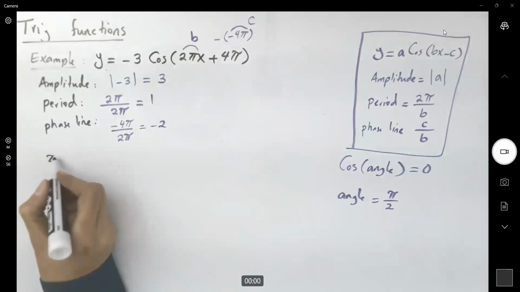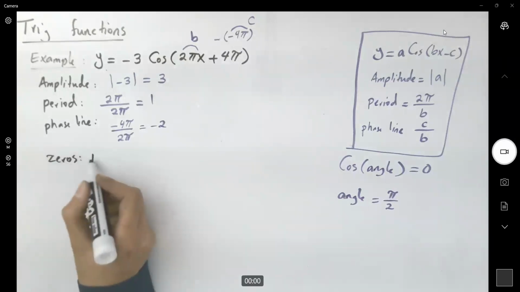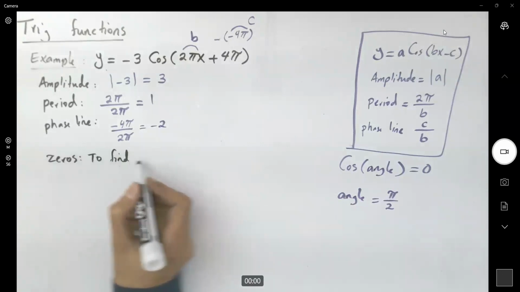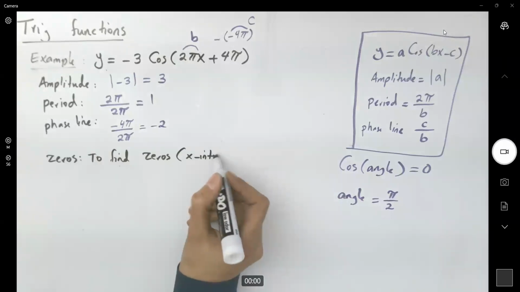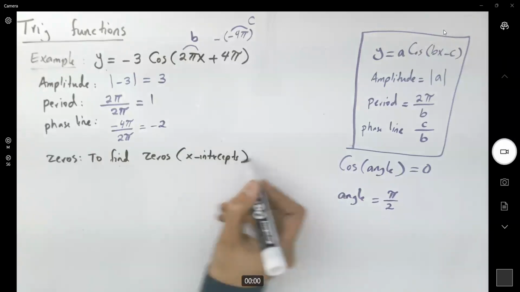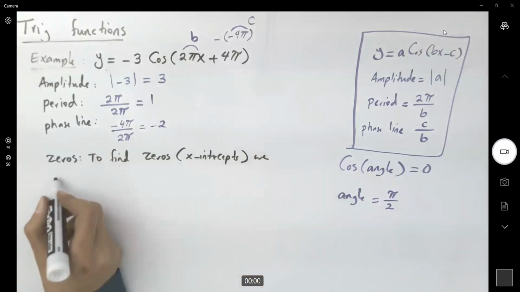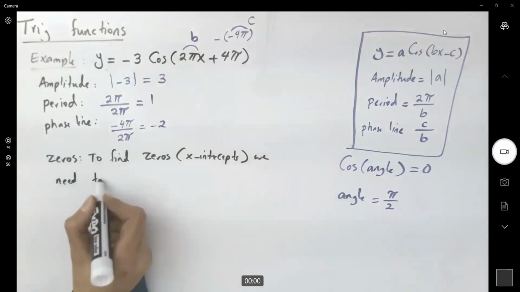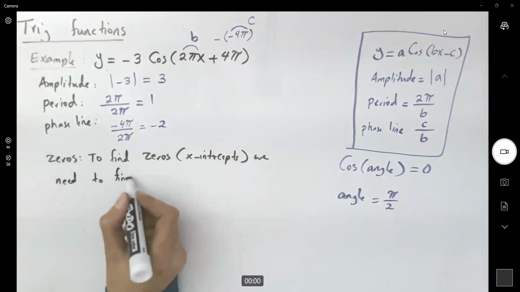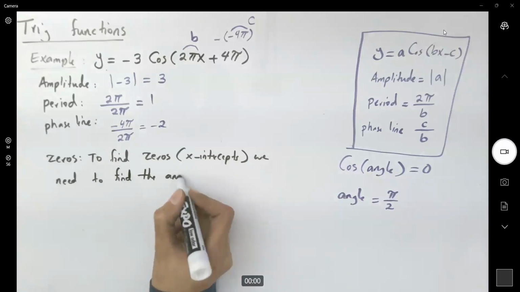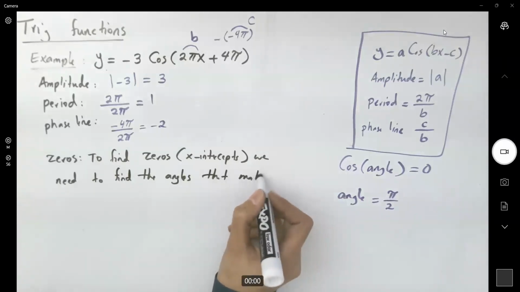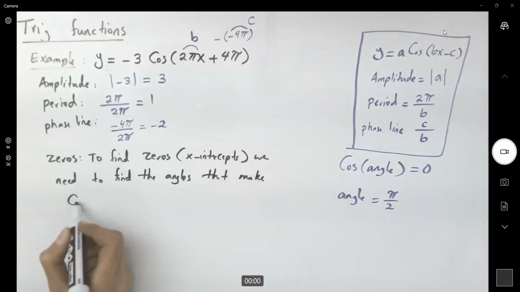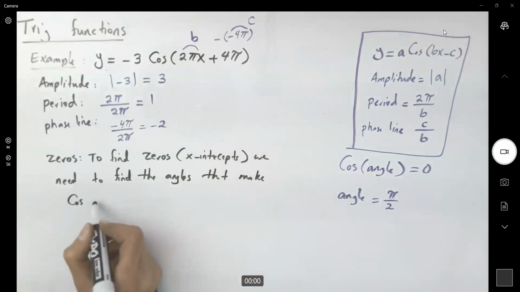Zeros. To find zeros for x-intercepts, we need to find the angles that make cosine equal to 0.